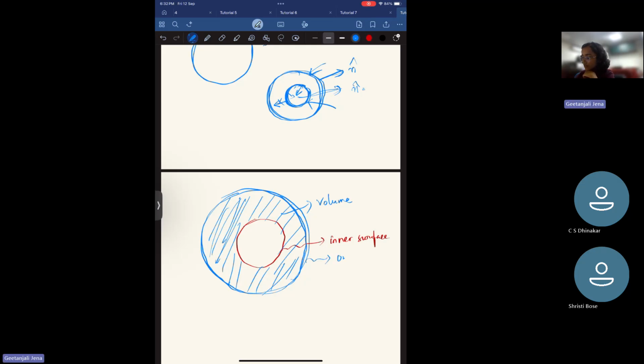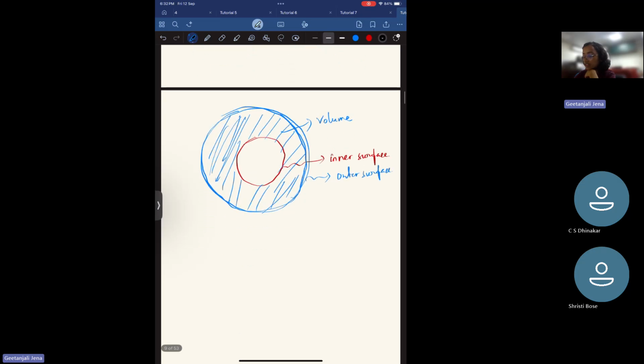The normal vector, by definition, should be normal to the surface and should point away from the volume. So for this surface we take this direction, not this direction, because this is pointing towards the volume. That is why for the outer surface, we have n cap as positive r cap.